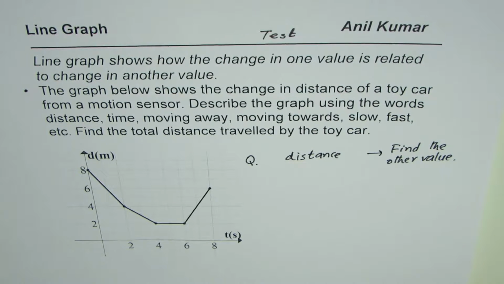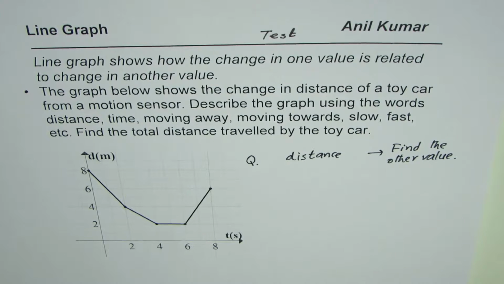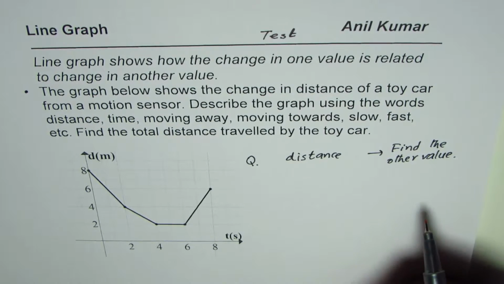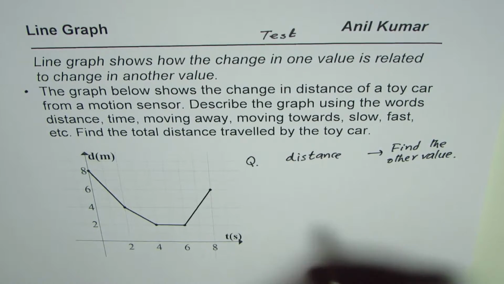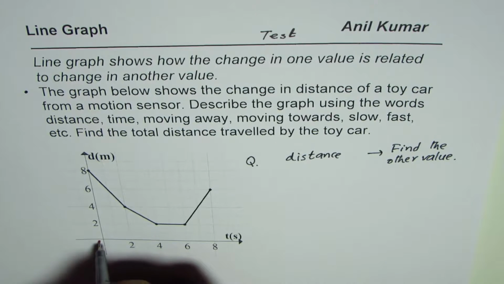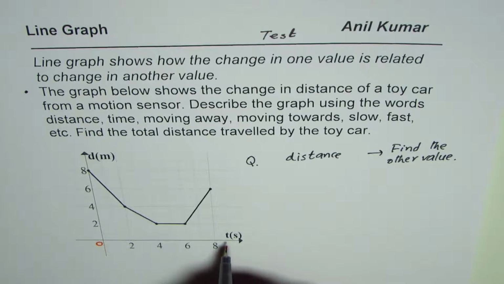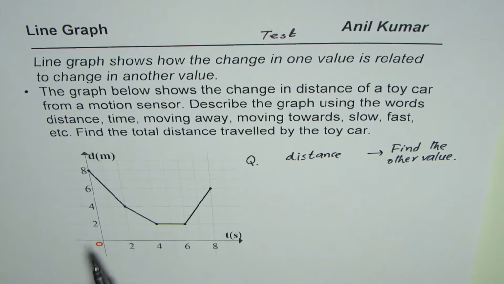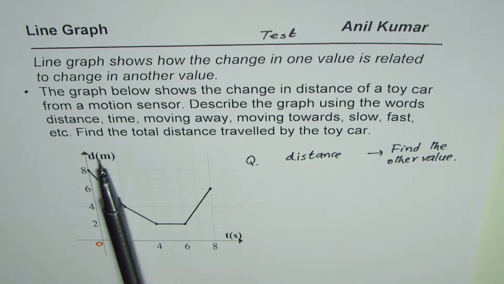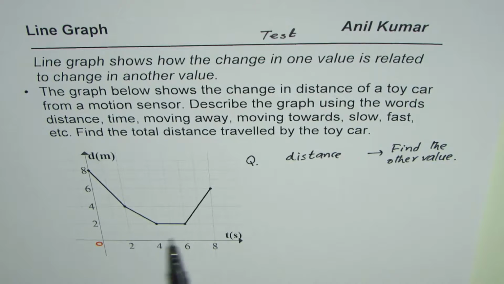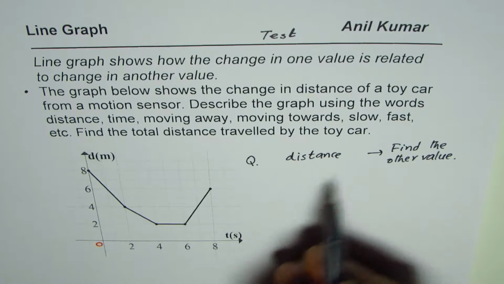Now let us try to understand the situation. So what is happening here is that to start with, time is 0. See, this is time on the horizontal axis, correct? The vertical axis is giving you distance in meters, horizontal axis giving you time in seconds, and therefore this is distance time graph.